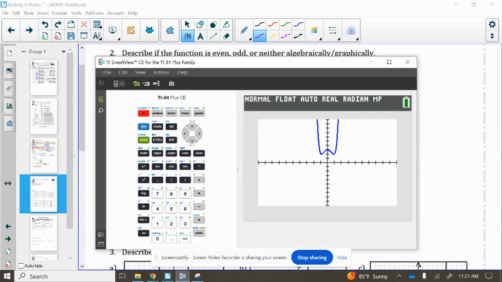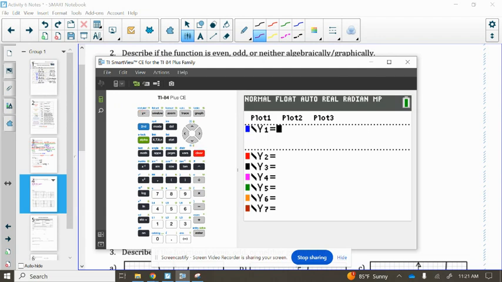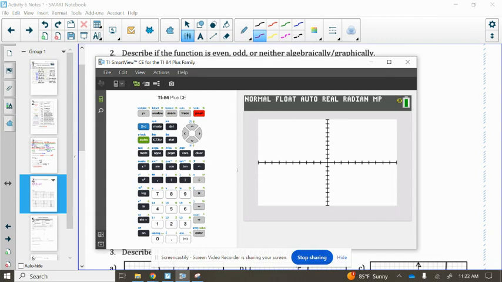Our next example, part B, is -2x to the 5th power plus x cubed minus 9x, and we get this graph right here.